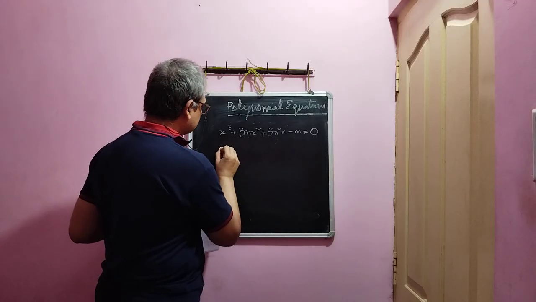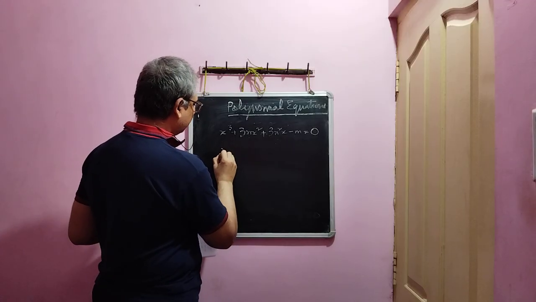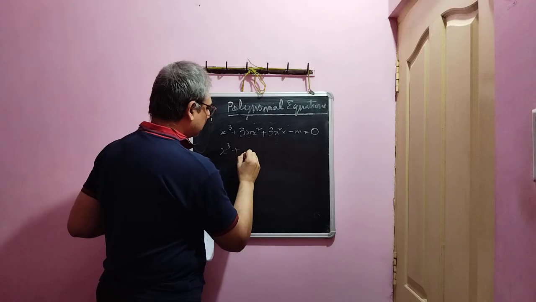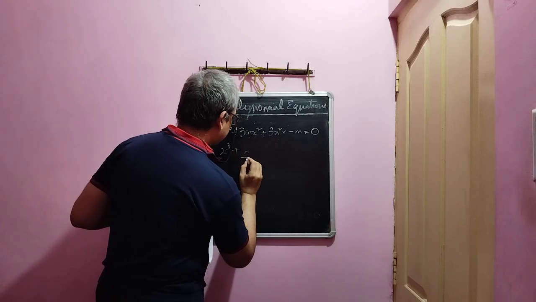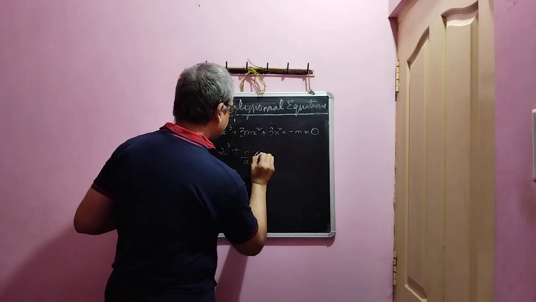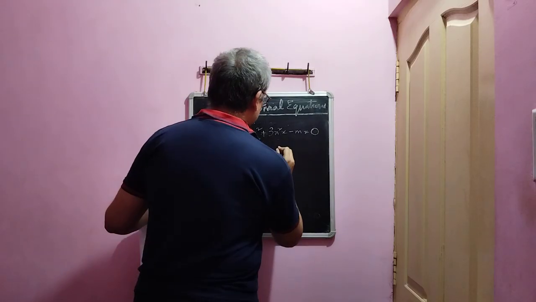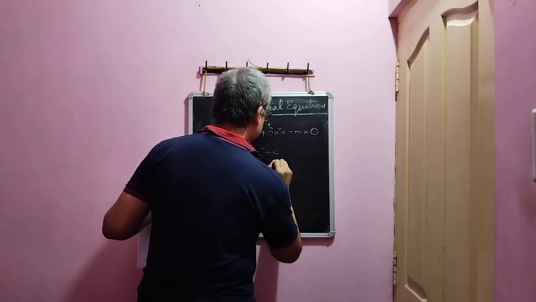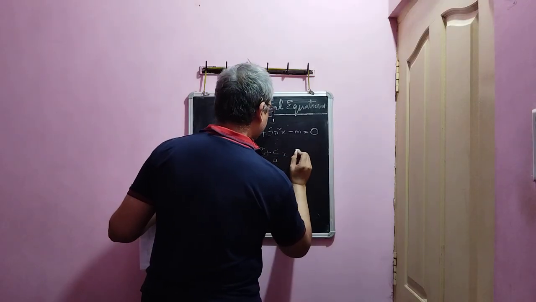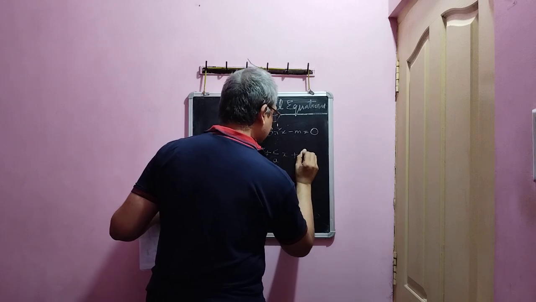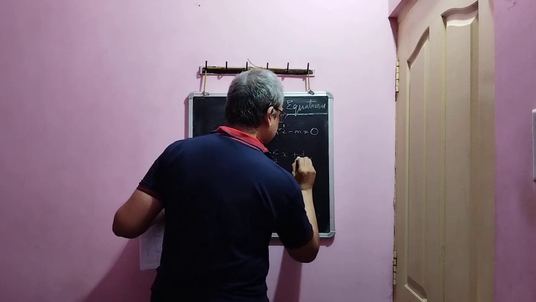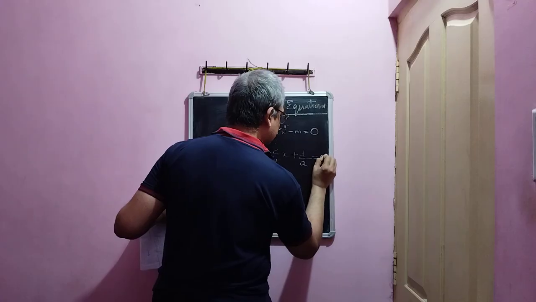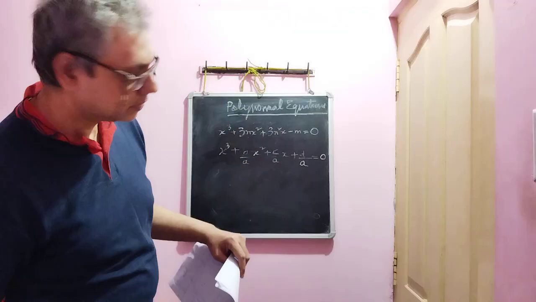Now we compare this with the general form of the cubic equation, which is x cubed plus b by a x square plus c by a x plus d by a is equal to 0. Okay?